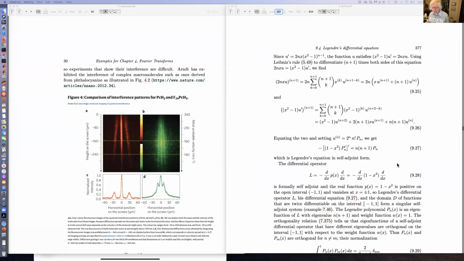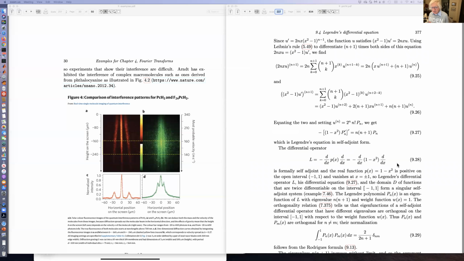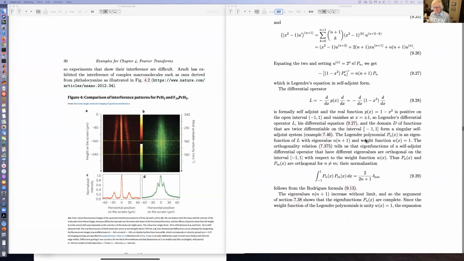We got to Legendre's differential equation, and in self-adjoint form, it looks like this, primes meaning d by dx. And consequently, the eigenfunctions are orthogonal and complete.